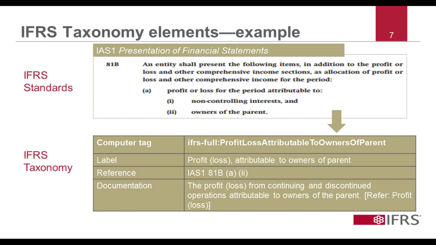It also has information about documentation, and this is additional information from the IFRS standard, as well as references to any other related element. In this case, the reference is to the element profit or loss.